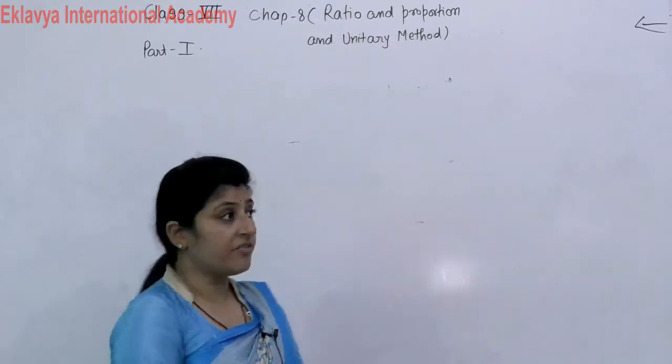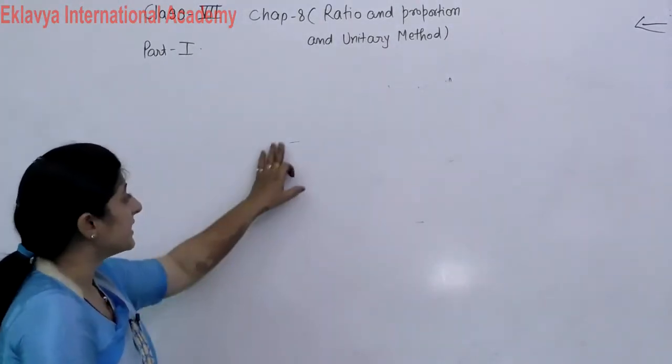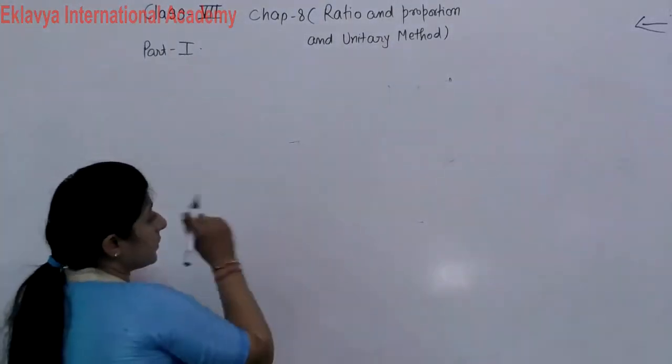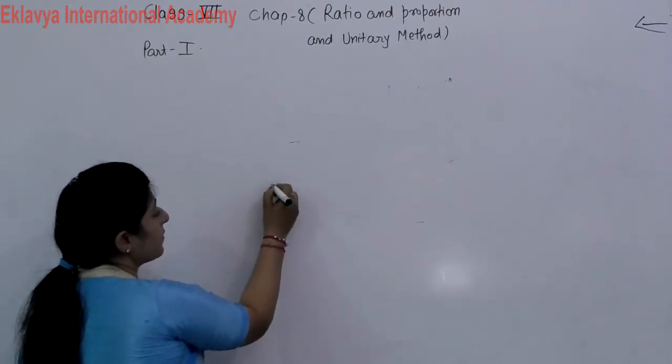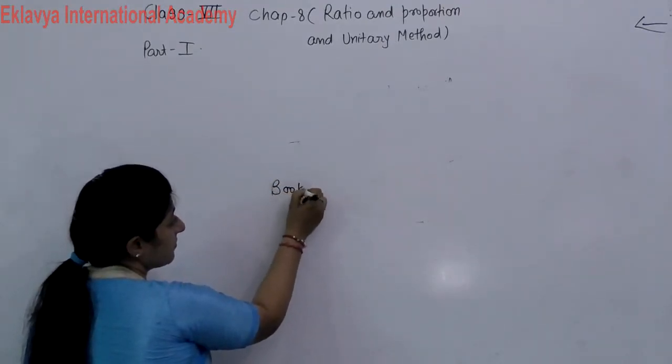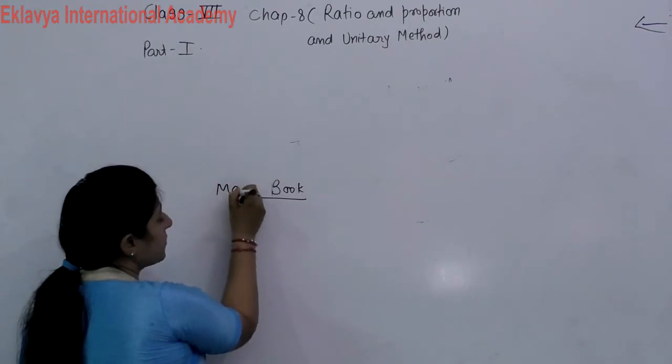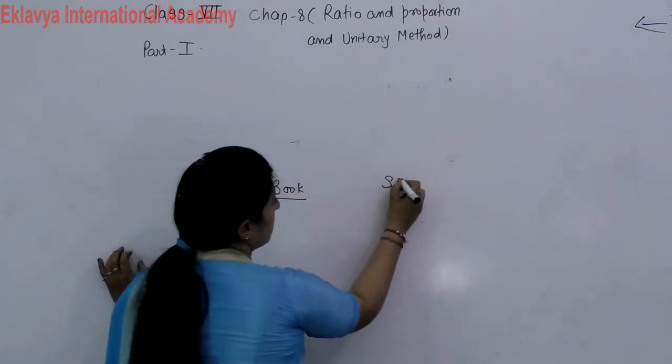Suppose we have two things, one is a book, we can say maths book and SST book.